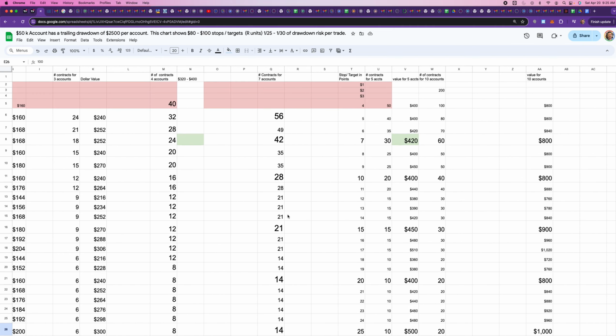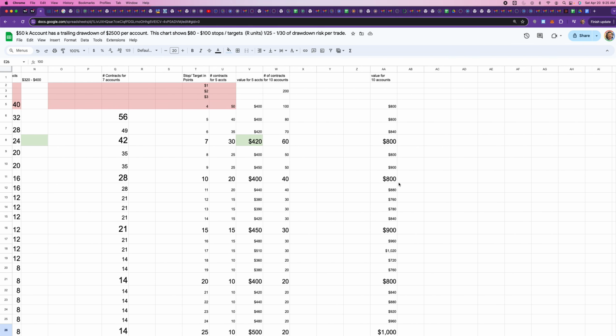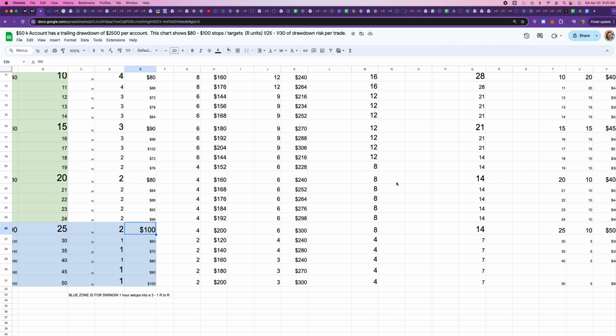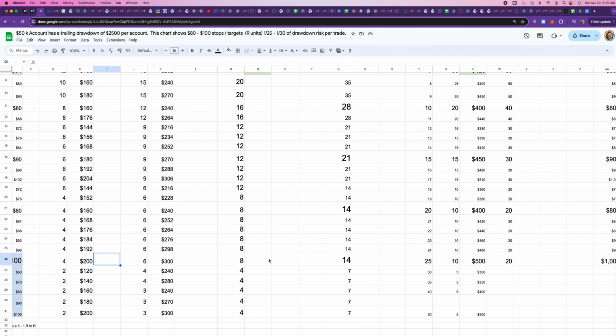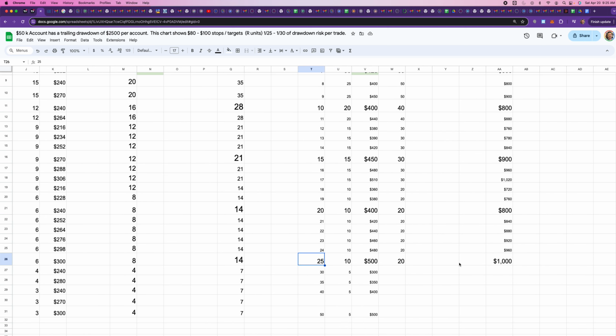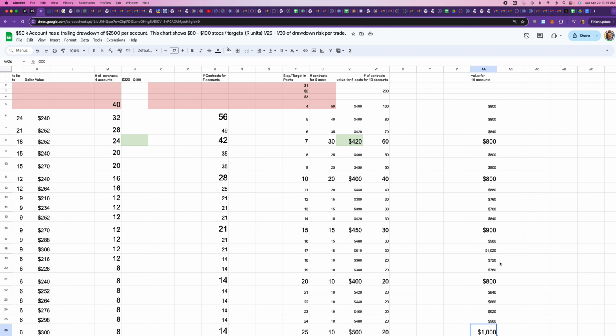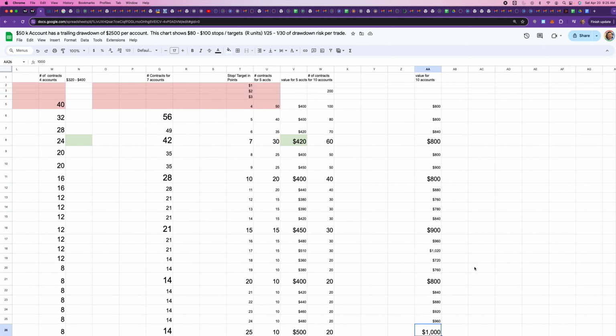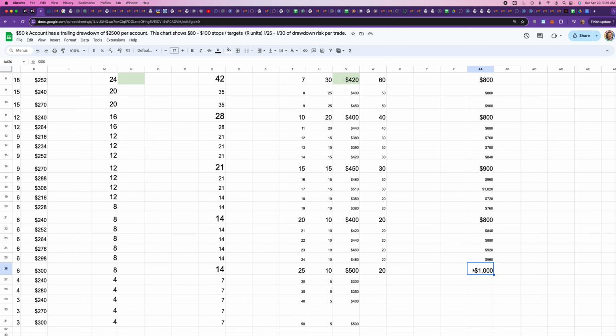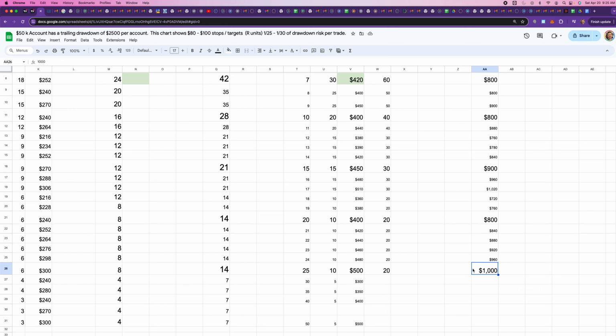For example, if you want to put 10 accounts on, okay, you can. The number of contracts would be 20 for 10 accounts, and the value would be $1,000 per R unit, risk unit, or if you're going to get 2R out of it, you make $2,000.